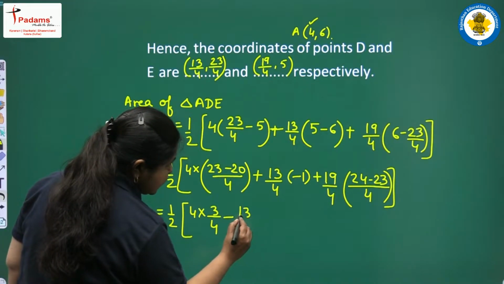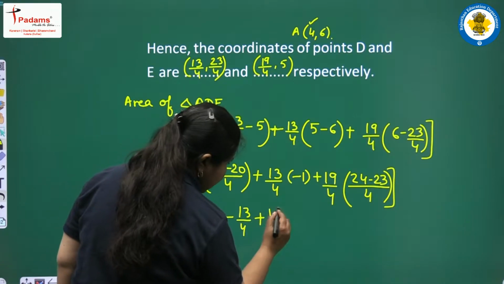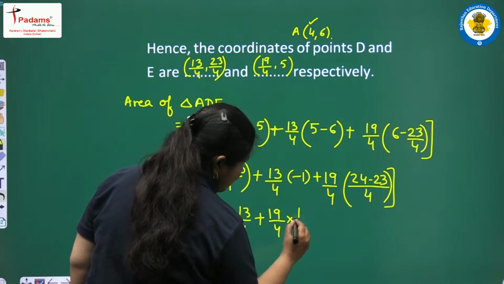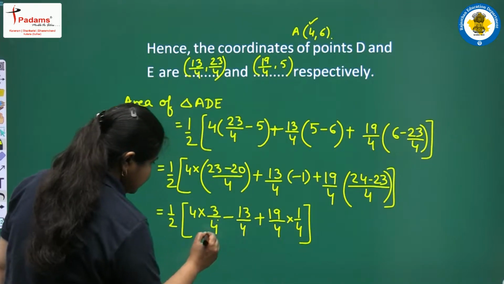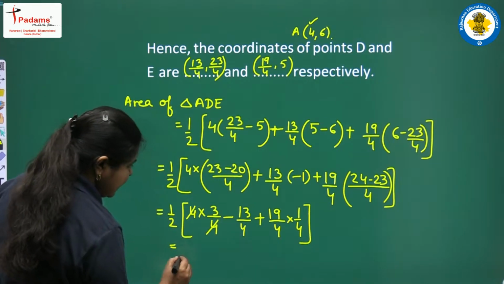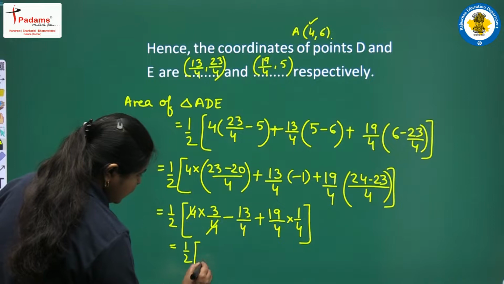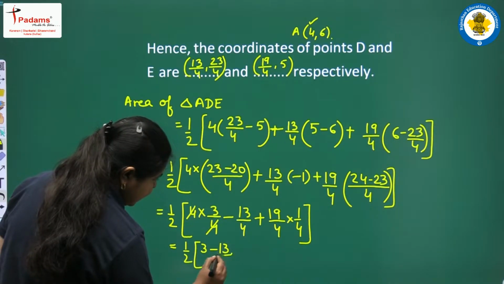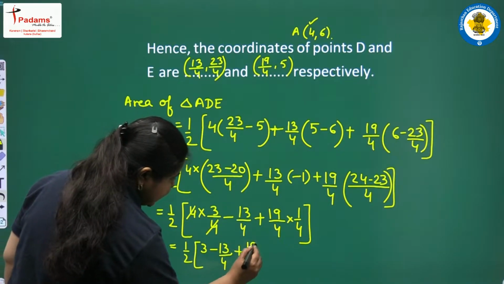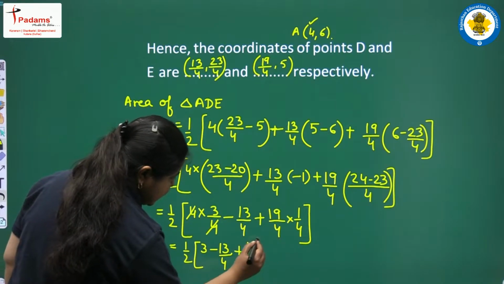Here we have minus 13 by 4. Here we have 19 by 4 into 1 by 4. This 4 and 4 will be cancelled. We will be having half into 3 minus 13 by 4 plus 19 upon 4, 4 is 16.